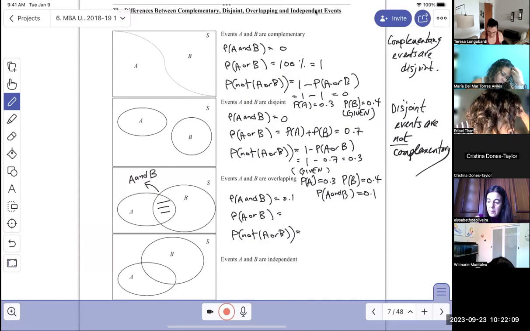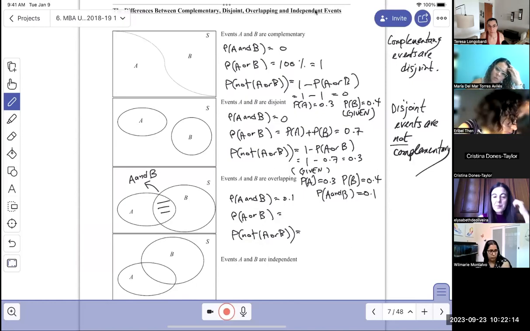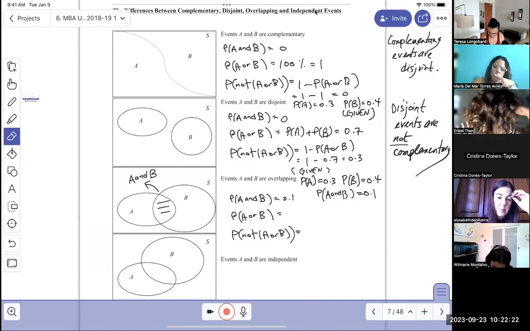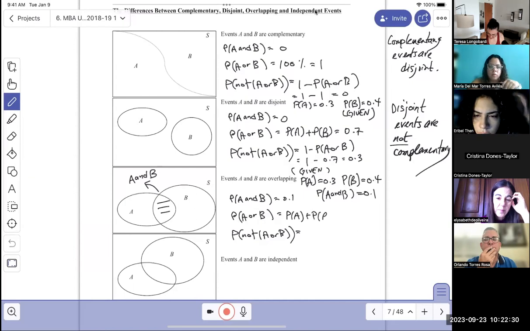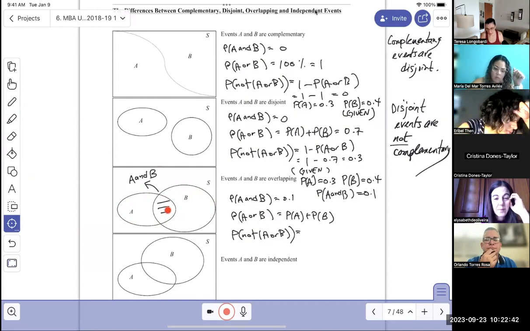Okay, so A or B is what? 60%, or 0.6. If I just add these, that's not correct, because if I take A, but it coincides with B, and then I add B, I've double counted the coincidence, this portion.